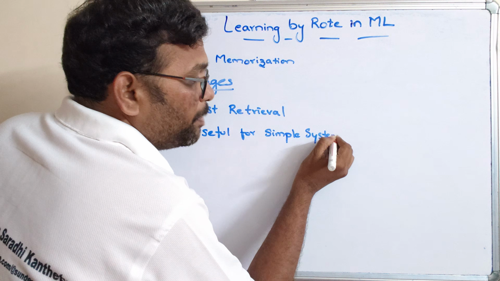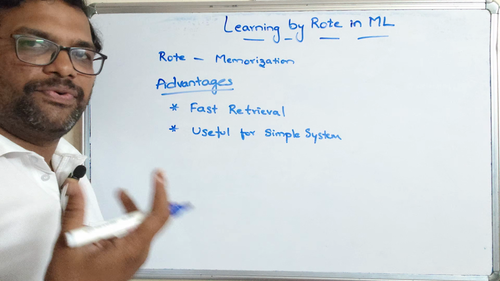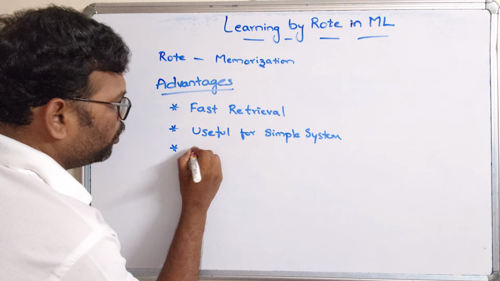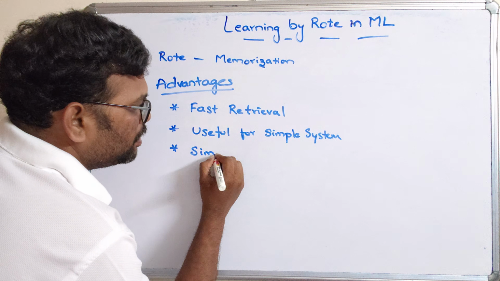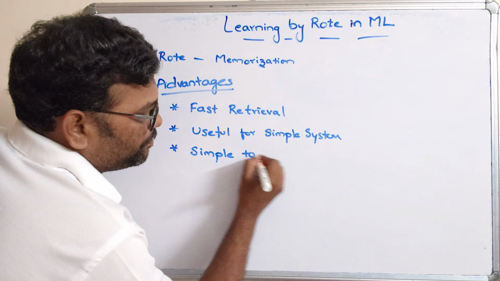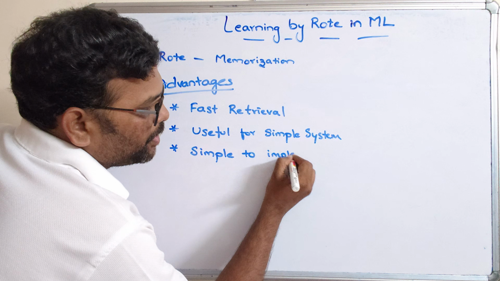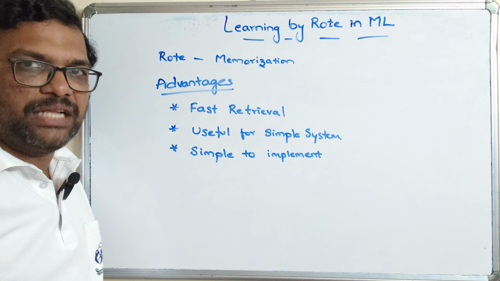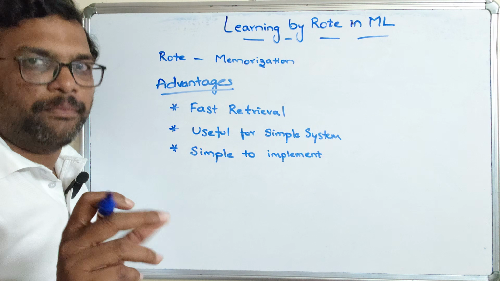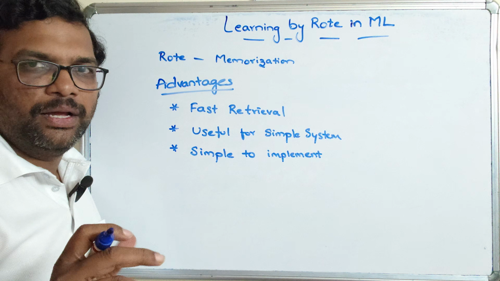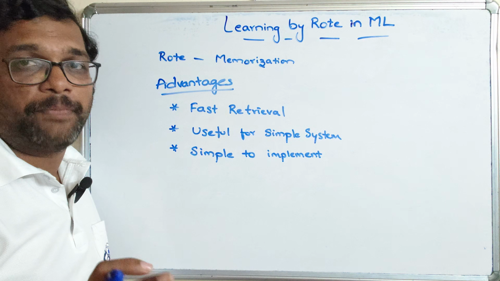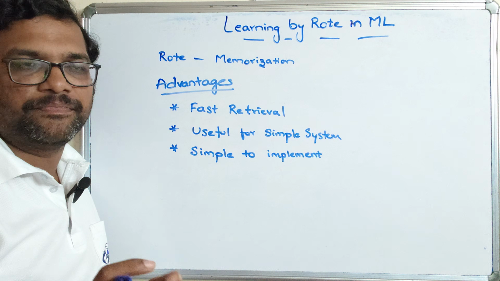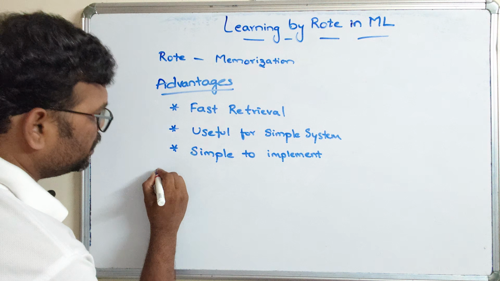It is not suitable for a complex system, only for simple systems. And one more, it is very simple to implement. There is no logic. It can't analyze the data, just matching. It will check with the matching itself, not even the patterns. Only the matching. So these are the advantages.